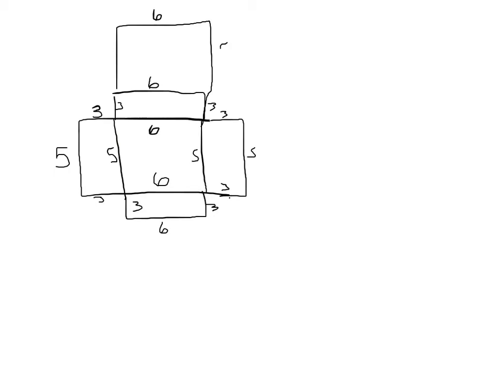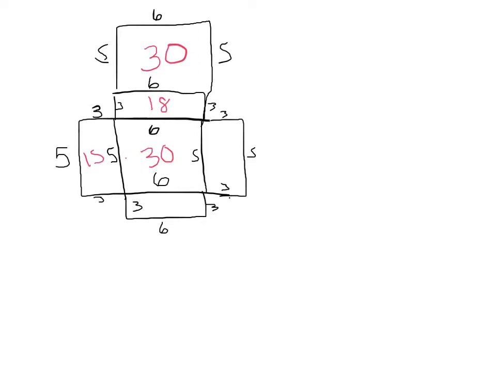So when I start to look at surface area, I need to figure out the area of each of these boxes. This top box would end up being 6 times 5, which would give me an area of 30. This middle box would be 6 by 3, which would give me an area of 18. The middle box here would be 30 as well.